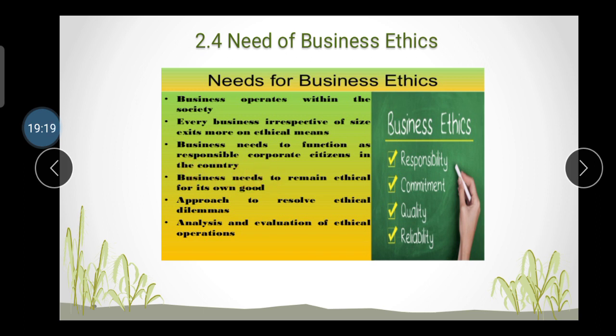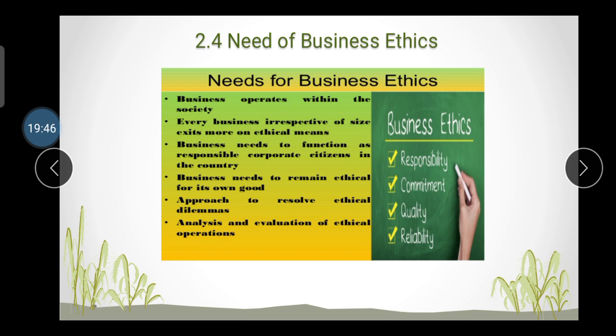So whatever functions and responsibilities you should provide as a corporate citizen, you should follow them. Then, business needs to remain ethical for its own good. If a business follows this type of ethical behavior, it is also good for their work and profitability, they maintain a good image in the market, and they also get new innovation and invention in their field.